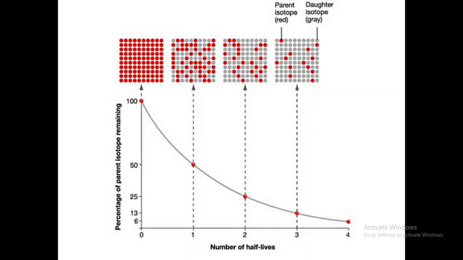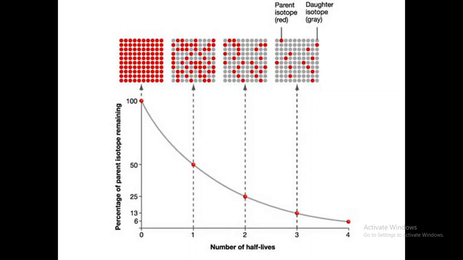So as the figure shows, a graph of how the activity of a source changes with time. If the activity starts out at a value of 100, then after one half-life it becomes 50, after two half-lives it becomes 25, after three half-lives it becomes 12.5, and so on.